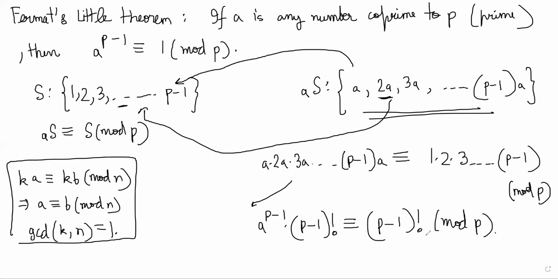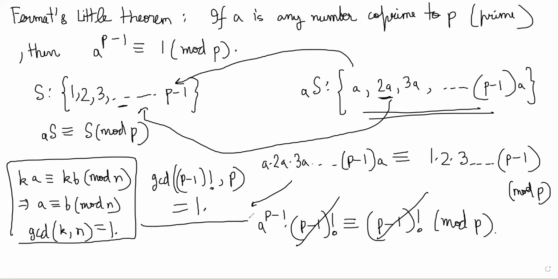So here we can divide by P minus 1 factorial on both sides and cancel this P minus 1 factorial from here and here, as long as we are sure that GCD of P minus 1 factorial with P is equal to 1.